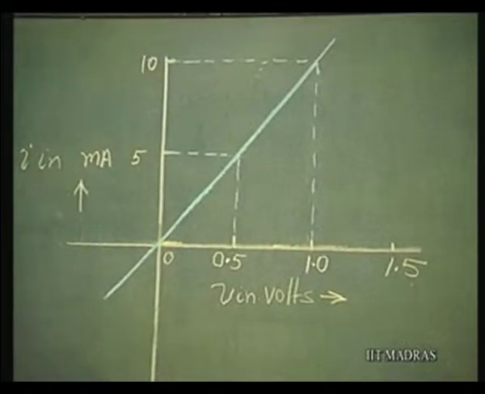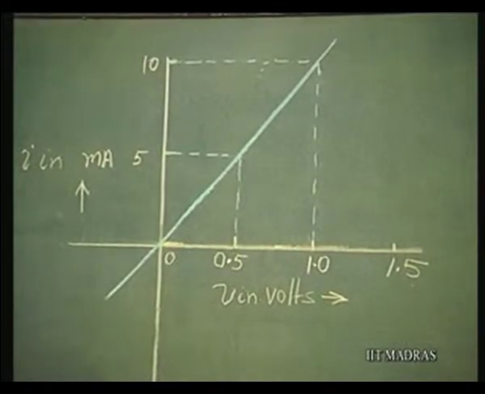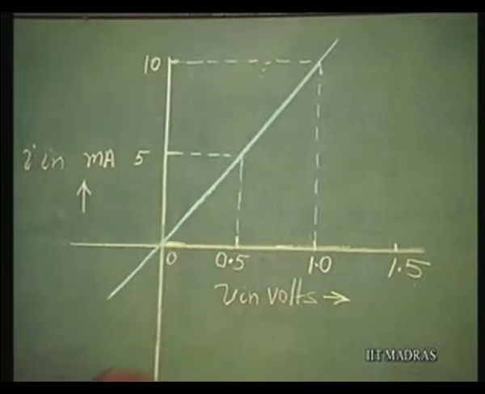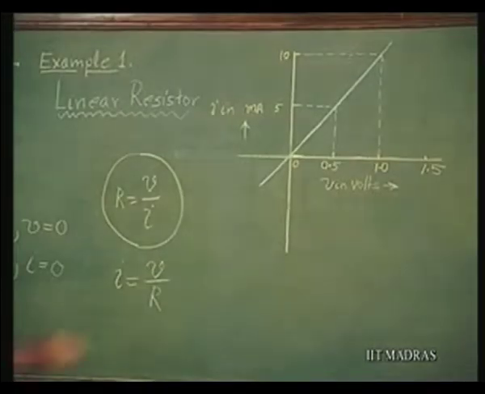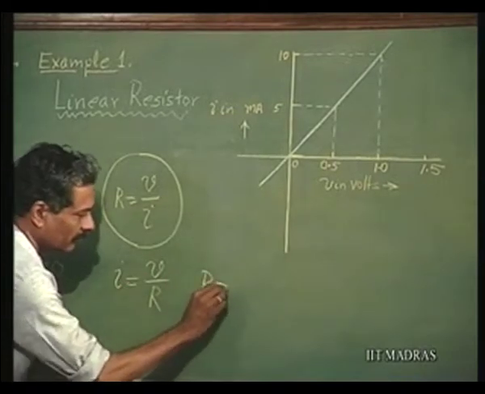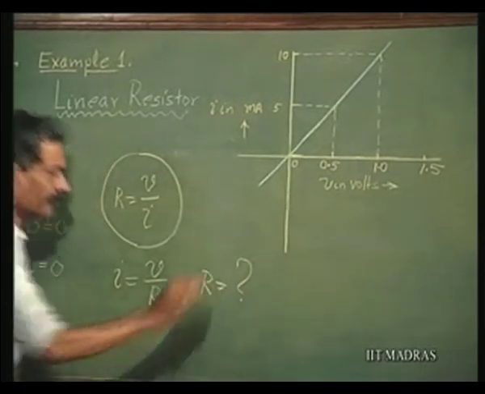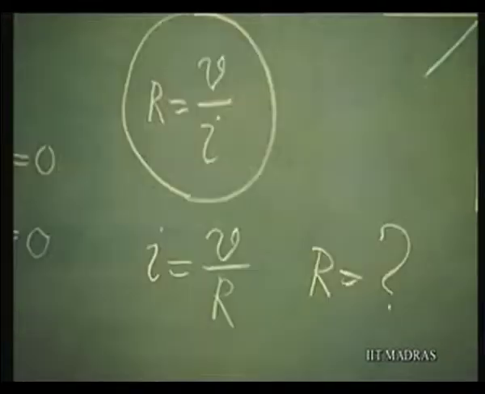Let us see this example. This is a problem that is given to you where you are told this is the linear characteristic of a resistance. Find out the value of the resistance. So, that is very simple.